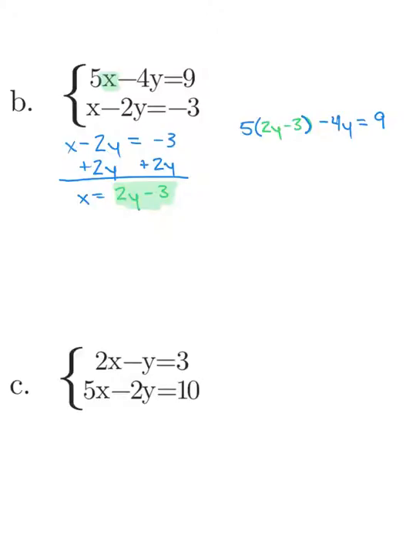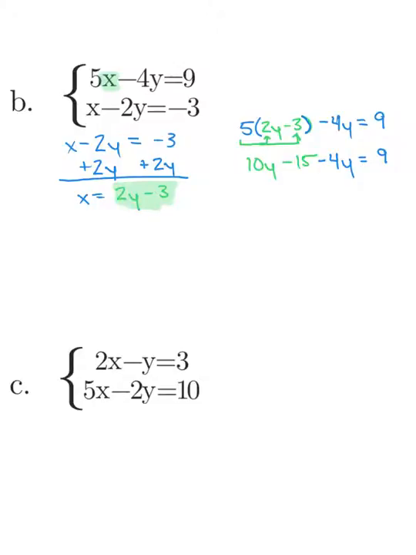So now let's use our techniques for solving linear equations. I want to start by distributing. We get 5 times 2y is 10y, and 5 times negative 3 is negative 15. We still have minus 4y, and we still have that this is equal to 9.